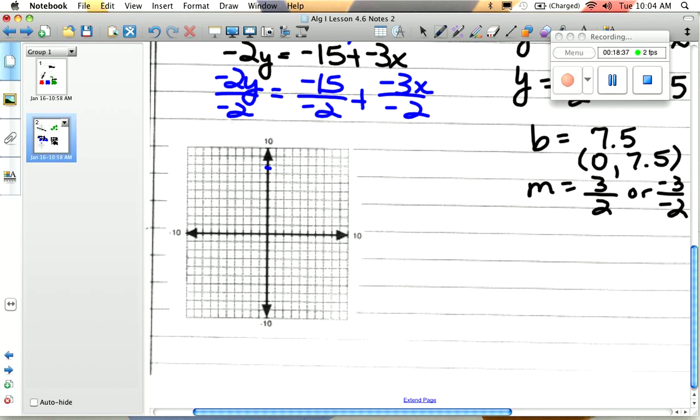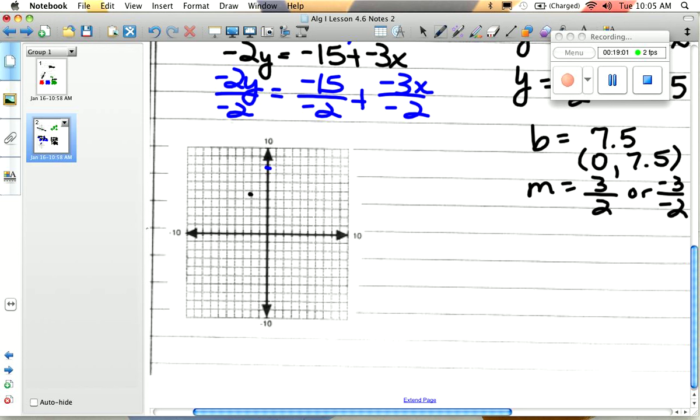We'll go down 3, but now when you're going down, you have to go to the halfway points. So you go to 6.5, down to 5.5, down to 4.5, and then you'll go over 2, and you'll be there. So you'll be at ordered pair negative 2, 4.5. And then from there, you'll do that again.